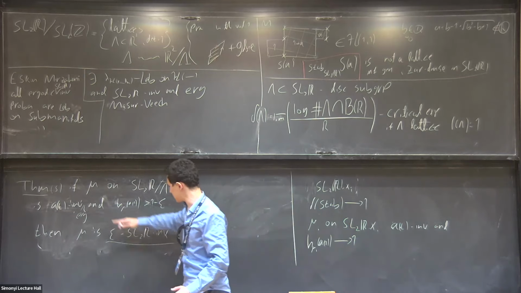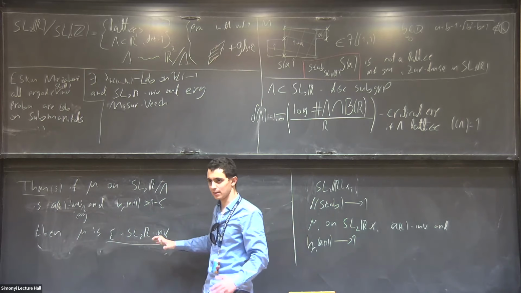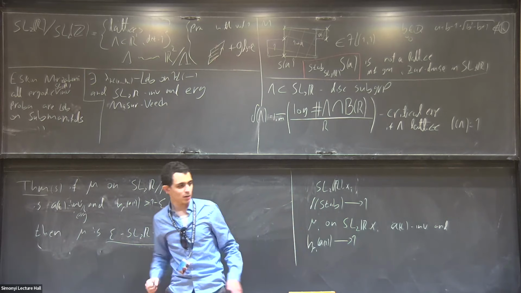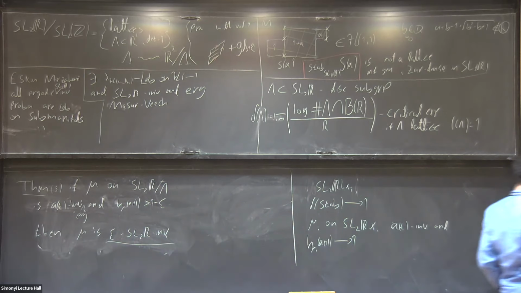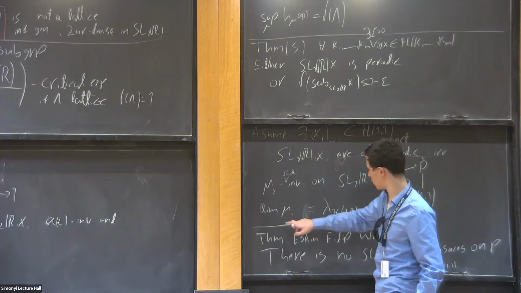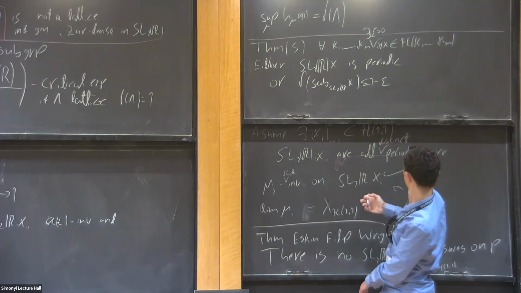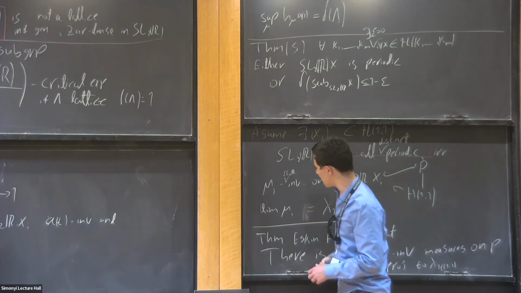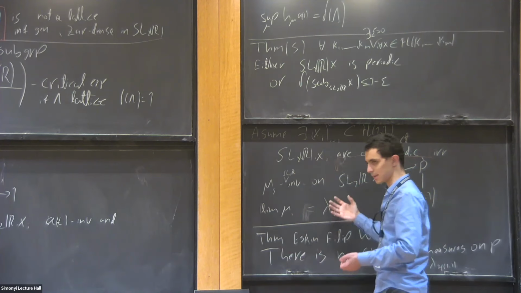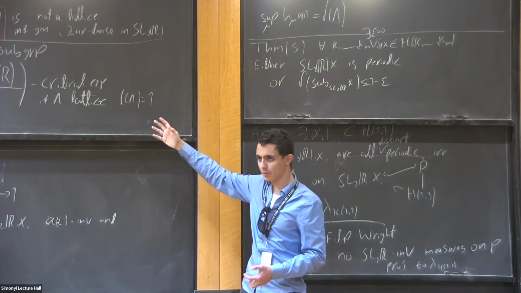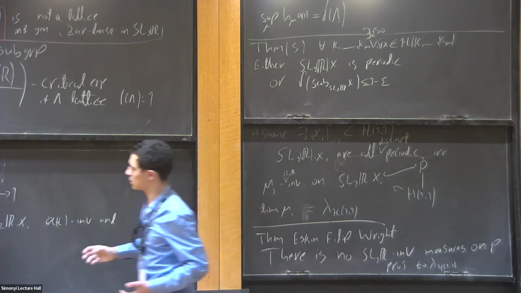And here I get that the measures are epsilon SL2R invariant. They're in some sense very close to being SL2R invariant. Now when we apply it to measures mu_i on H1, the limit will be SL2R invariant. And now we want to show that it's indeed ergodic, with similar ideas from Eskin.